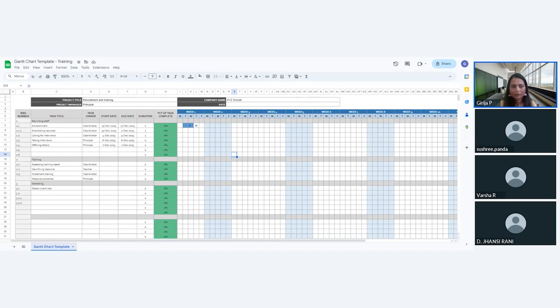Okay, so people who have seen this Gantt chart and are trying to do that, can you just share your thoughts? Are you able to do it? If you're not doing it, what kind of issues are you facing, and is there anything you want to know more about it? Anyone want to share anything?